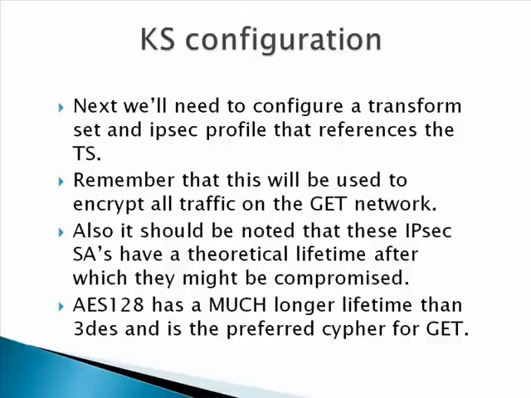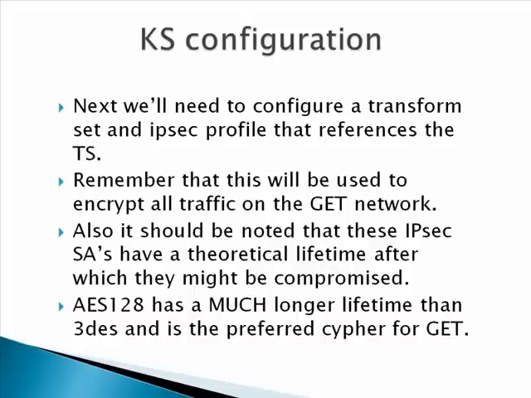And I mention that because if you read the Cisco white paper on this, it tells you clearly that these IPsec SAs have a theoretical lifetime after which they might be compromised. If you are using a large number of hosts on this GET network, the encryption key lifetime gets much smaller the more hosts you have, and of course the more traffic that's being encrypted using those keys.